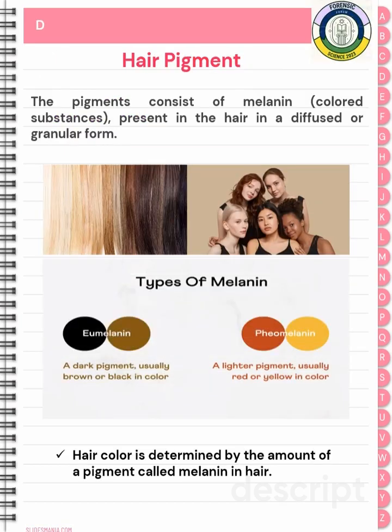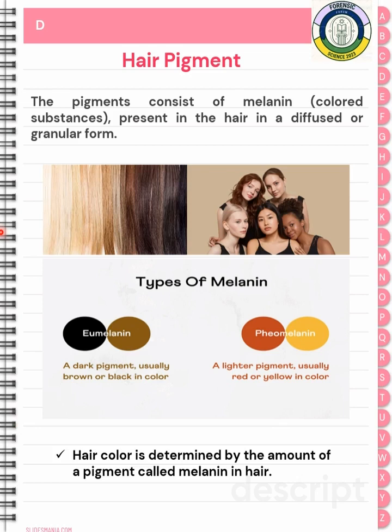Hair pigment. Melanin is the pigment responsible for the color of the hair. It is found in diffused or granular form in the hair. There are mainly two types of melanin, eumelanin and pheomelanin. Eumelanin is responsible for the black and brown color of the hair, while pheomelanin is responsible for the red and yellow color of the hair.